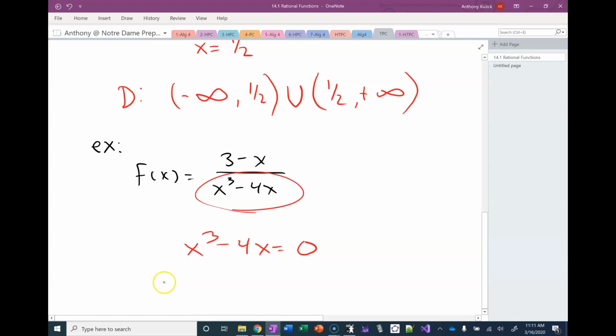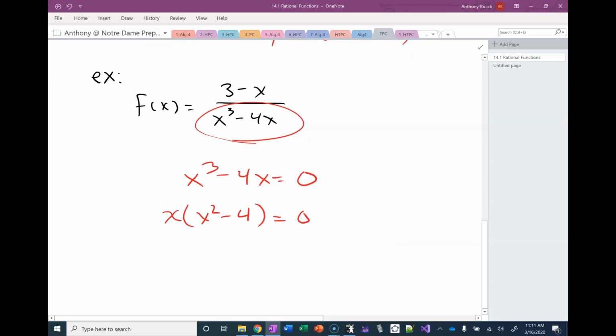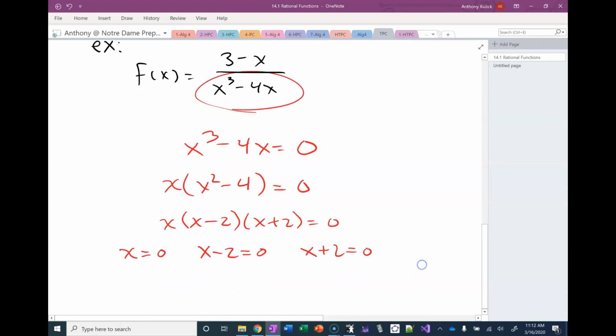So first thing I notice is that this polynomial is factorable. There's a greatest common factor of x that I can take out. And then I notice that x squared minus 4 is factorable. That's the difference of 2 squares. So it can factor to x minus 2 times x plus 2. And then I just take these 3 factors and set each of them equal to 0 and solve.